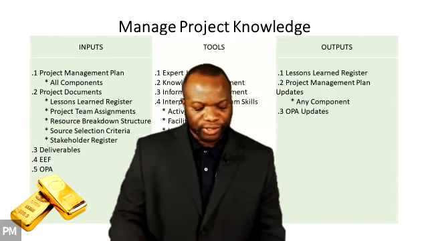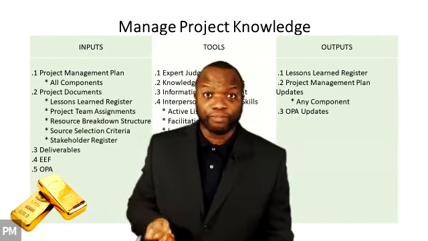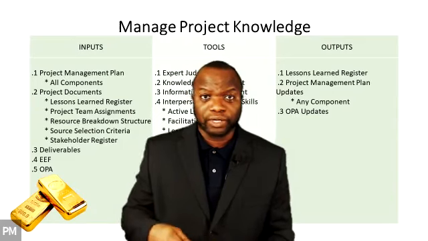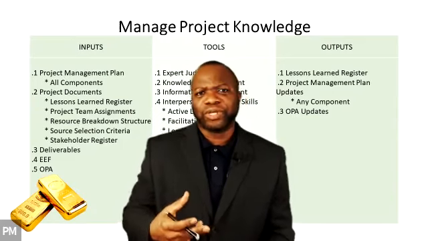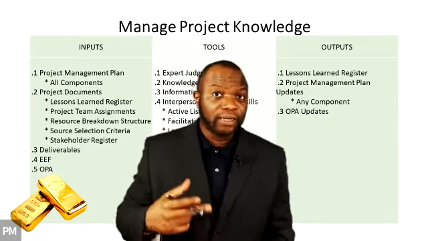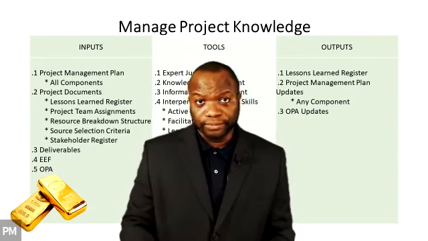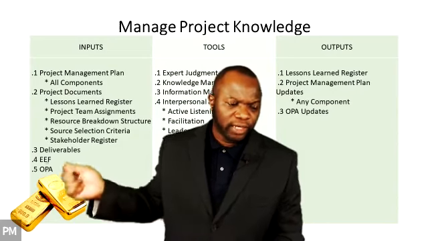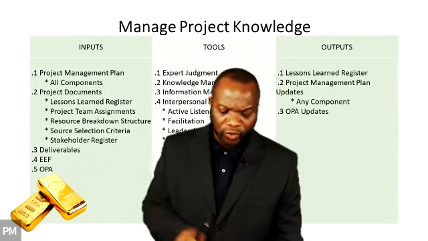So in some instances, these deliverables, be they components of the project management plan or some product, service, or result, can actually be a source to glean lessons learned. Okay, that's why they're relevant here. And as usual, EEF and its sidekick, OPA.